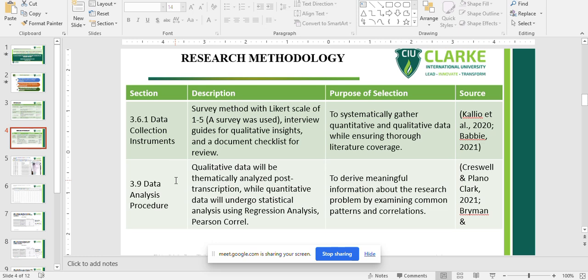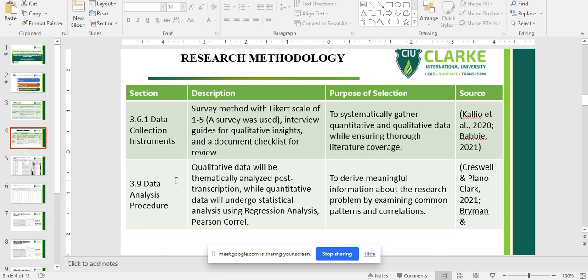So even hotel competitiveness had its descriptive statistics of mean and standard deviation. Correlation was done using the Pearson correlation coefficient to arrive at whether there was a positive or negative correlation or no correlation at all.